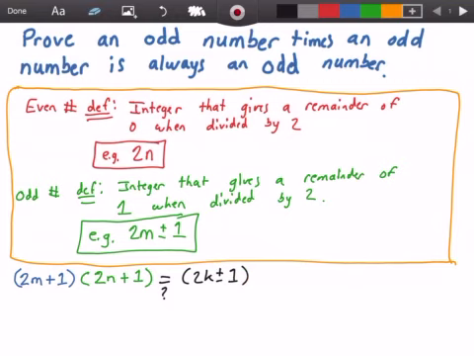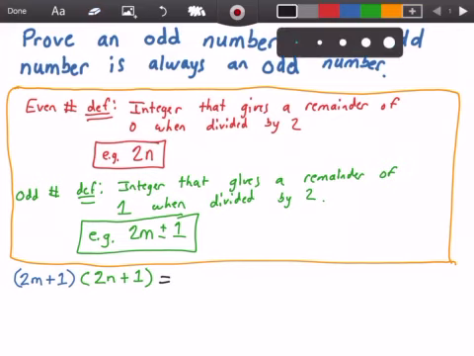So I'm going to go ahead and erase the right-hand side. And now let's go ahead and multiply the left-hand side. I guess I'll continue using the black color here.